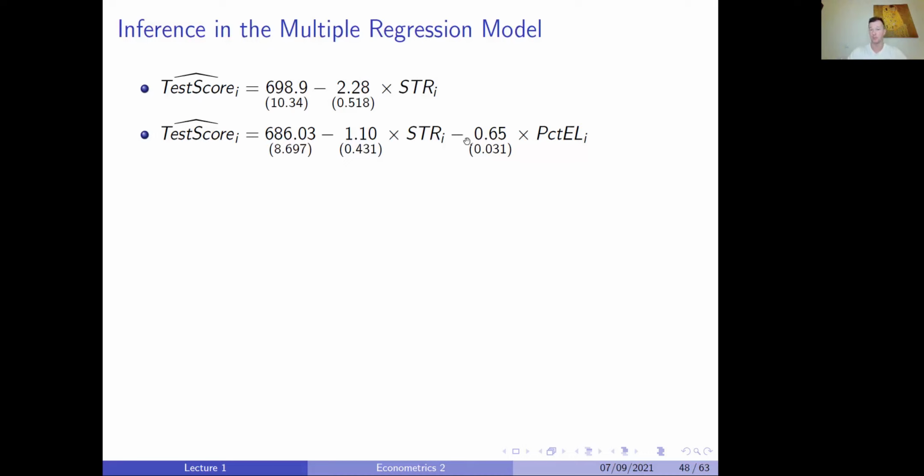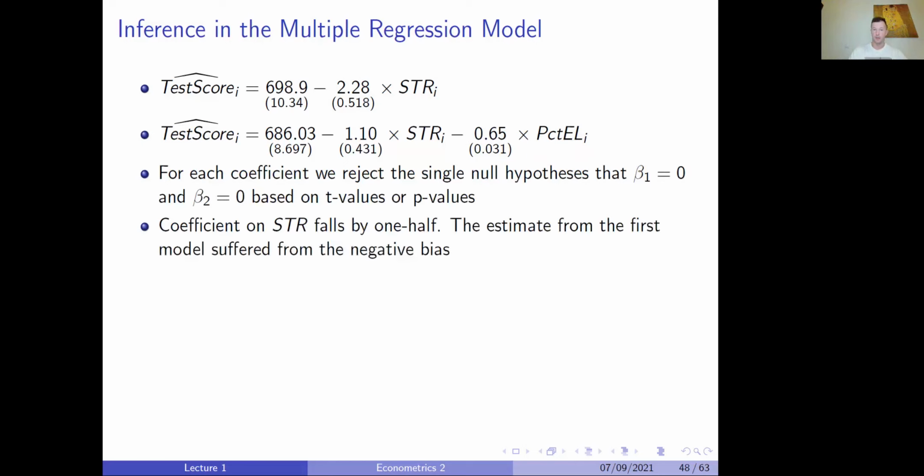So now student-teacher ratio has a smaller impact on the test score, controlling for the percentage of English learners. So we reject the single null hypothesis that beta 1 equals 0, beta 2 equals 0, so both are significant. And the coefficient falls by 1/2. This is exactly the effect of omitted variable bias that was here in the first model.